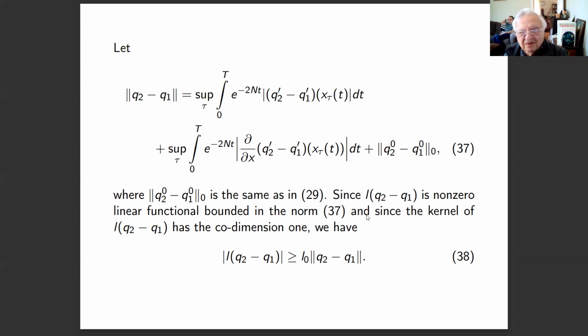So this is the norm which we used. Now L is a linear functional bounded in this norm, and since the kernel of L has codimension 1, we have in formula 38 that L(q2 minus q1) is bounded by L0 times the norm of q2 minus q1, where L0 is a constant.